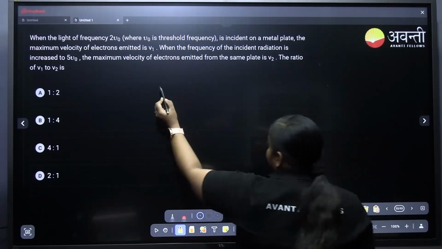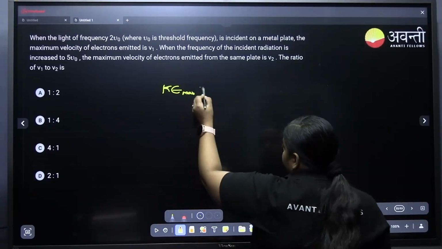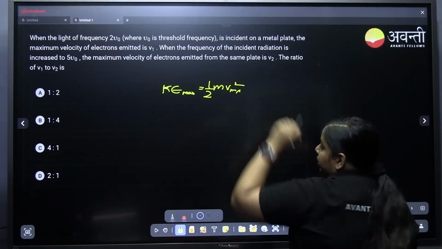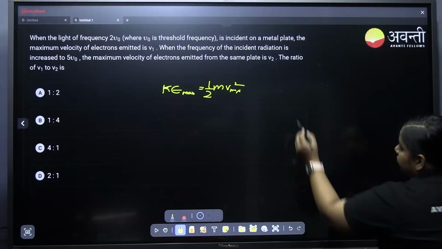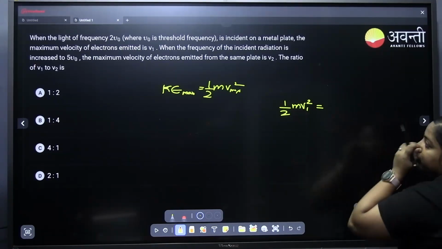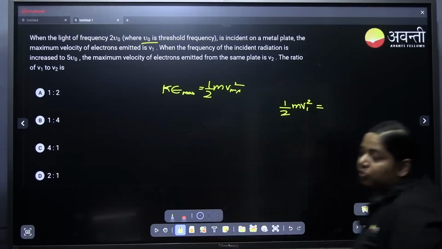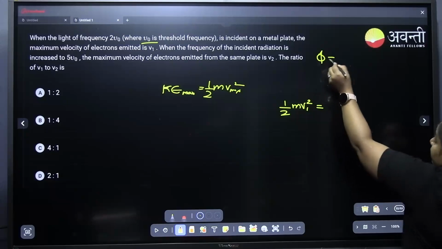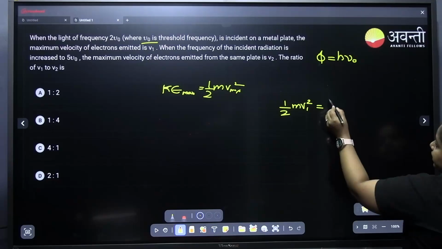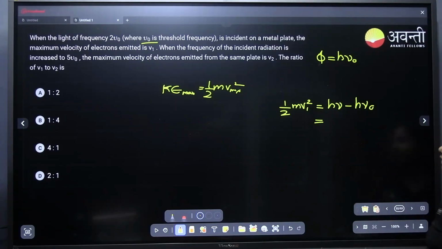Maximum velocity we can find using kinetic energy maximum equal to half m v max square.